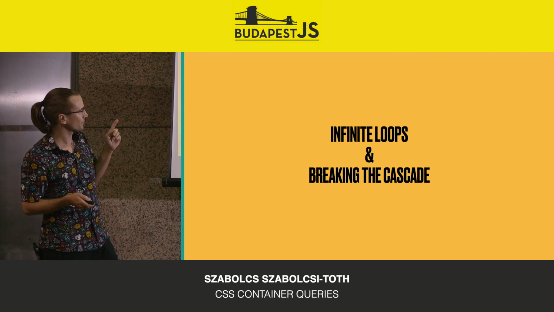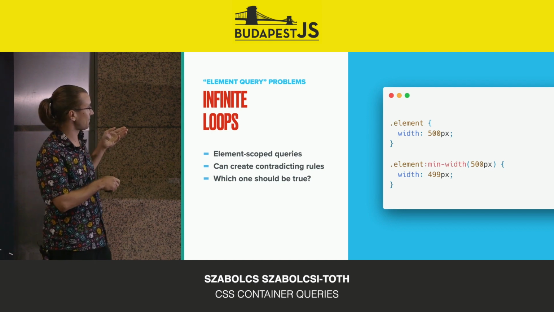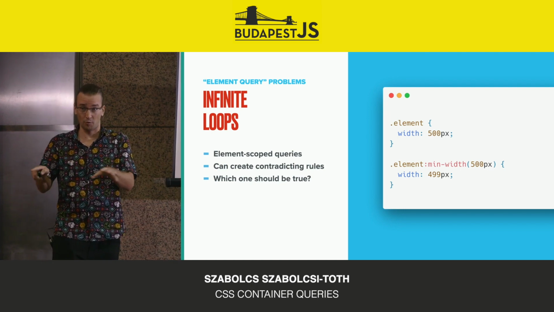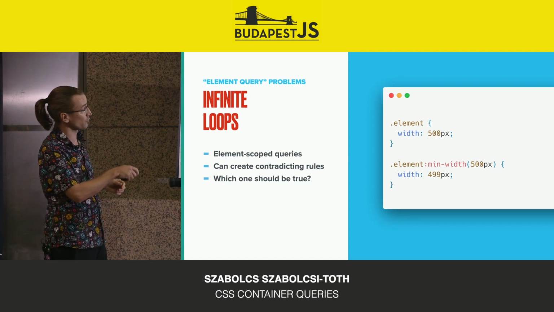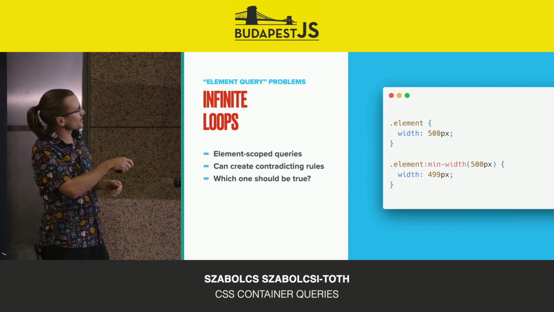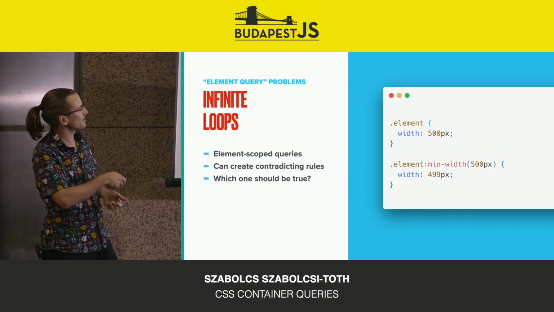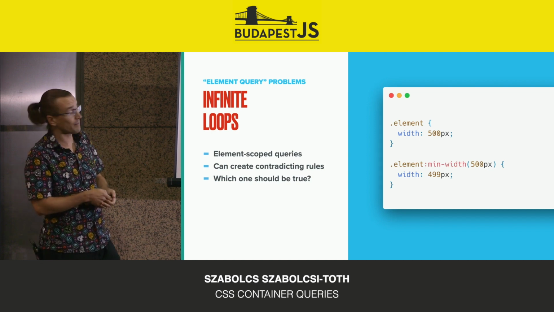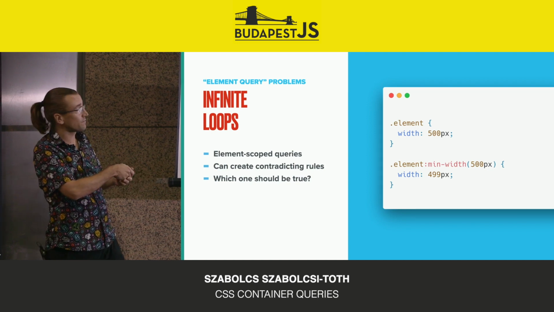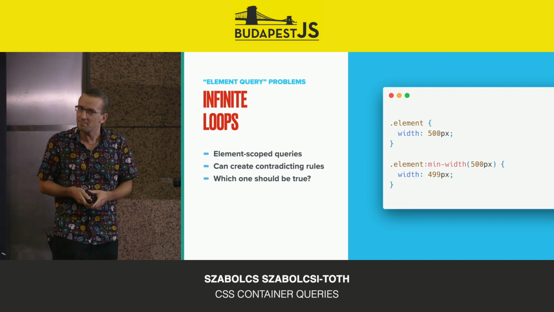And first, infinite loops. So let's say you're still talking about element scoped queries. So we are talking about element queries. Let's say you have two rules. One is the element which is 500 pixels wide. And the second one, let's say we apply an element query that if it's 500 pixels wide, then it should be 499 pixels wide.